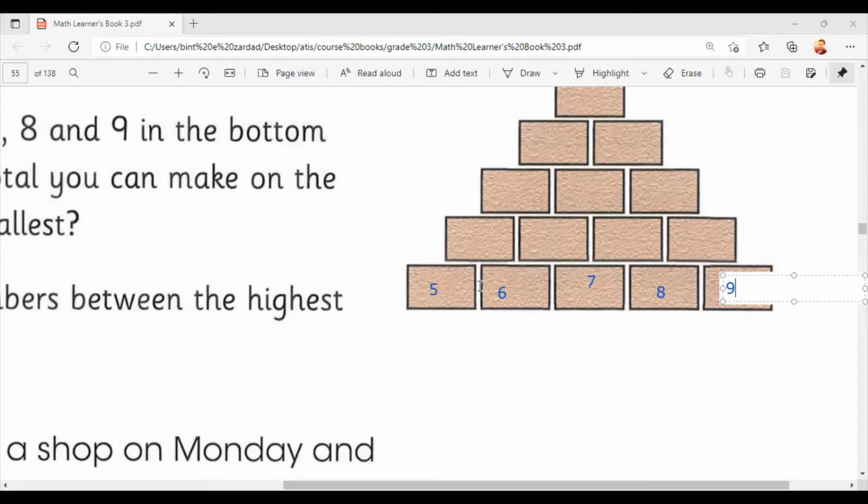In simple terms, we are just adding these two bricks or boxes and writing the answer above. So the other two just combine.